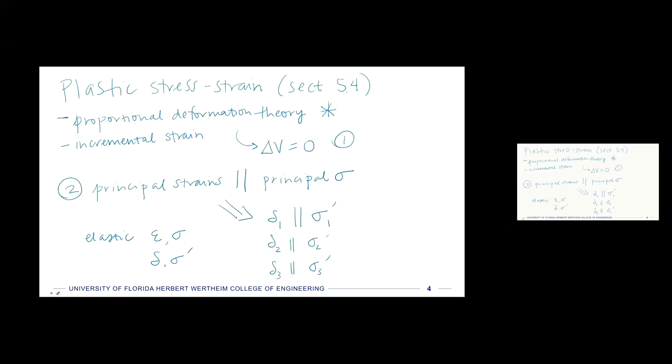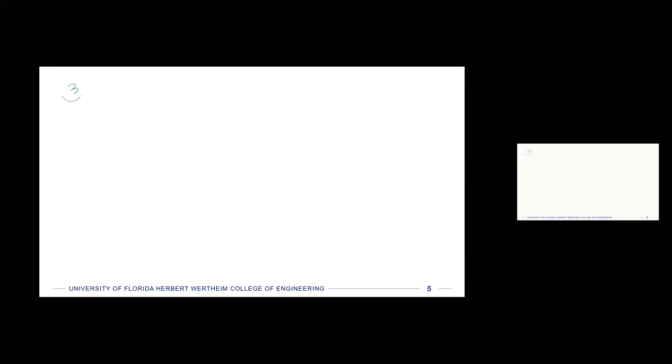So the third assumption is that the ratios of principal shear strains, those gammas that we talked about, and the corresponding principal shear stresses, tau, are equal, instantaneously equal at any stage of plastic deformation.